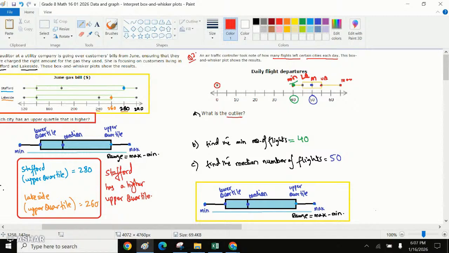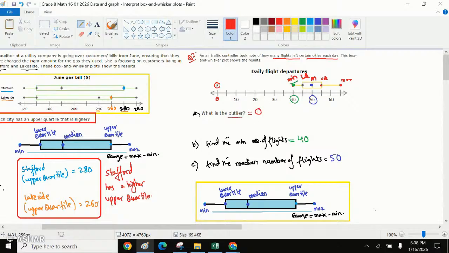The airport is working, but on a particular day or a particular week, there were no flights. It's an isolated airport, right? So an outlier means out of the ordinary, right? So what is the outlier over here? We just look at this value. That means 0 was the outlier.